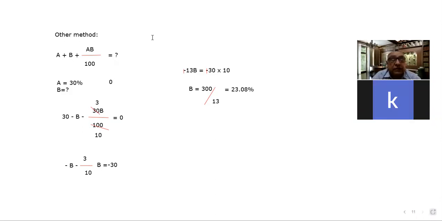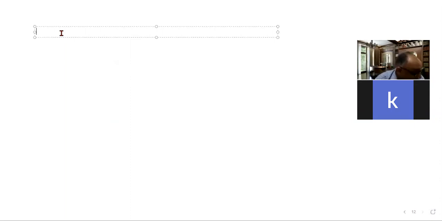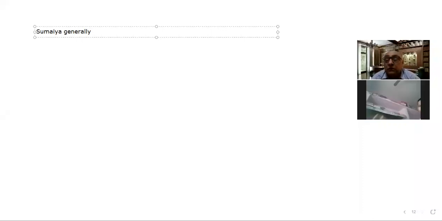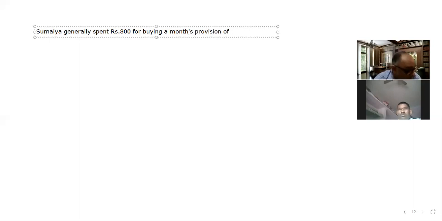As far as the next question is concerned, it is given that Sumaiya generally spent rupees 800 for buying a month's provision of potatoes. B is negative because there was a fall in the consumption. When fall, it is negative.